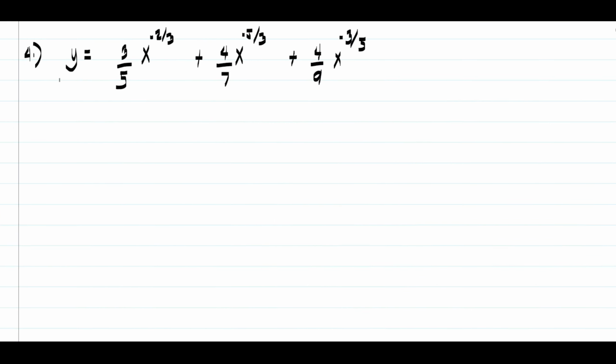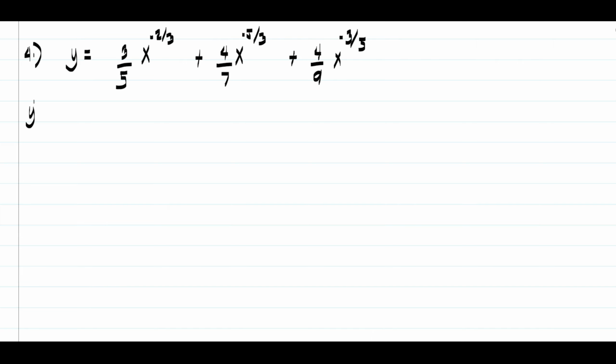On example number 4, we have y equals 3 over 5, x raised to negative 2 over 3, plus 4 over 7, x raised to negative 5 over 3, plus 4 over 9, x raised to negative 3 over 5. So let us find the derivative of the given function.